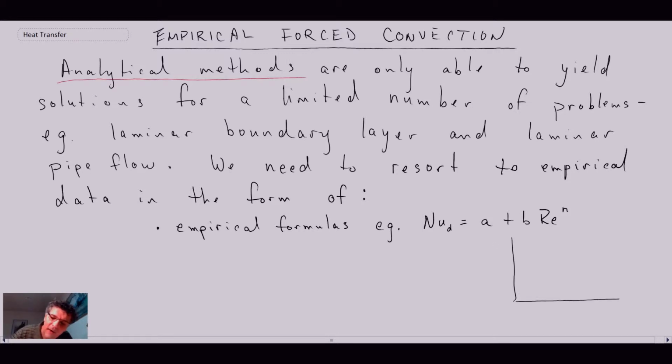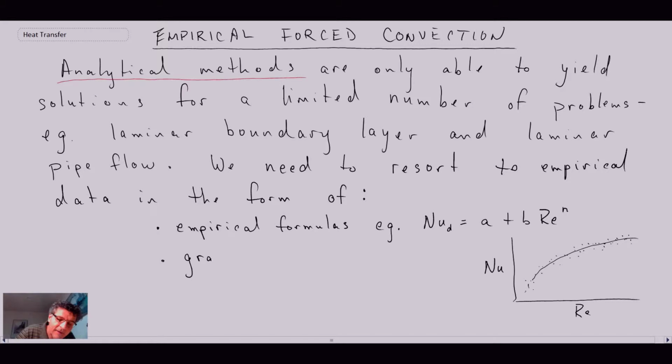And if we plot Nusselt number versus Reynolds number, we'll get a curve that would look something like this. And so what you would do is you collect experimental data and then fit that curve to the experimental data that you have collected. And I show scatter there because all experimental data is going to have noise in it and a little bit of uncertainty. So you can come up with empirical formulas like that.